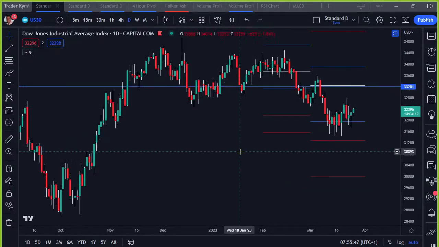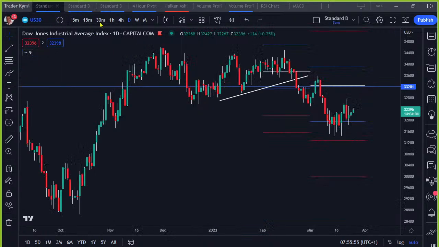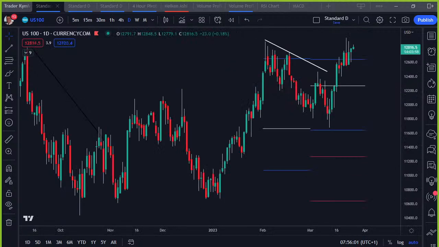There's quite a lot of choppiness on the lower time frames. If I come down the time frames, you can see the chop on a 4-hourly chart. We're going through this sort of banking crisis again, hopefully not to the extent of what we saw last time, but certainly there's a lot of uncertainty out there now. It doesn't matter what people do at the moment.